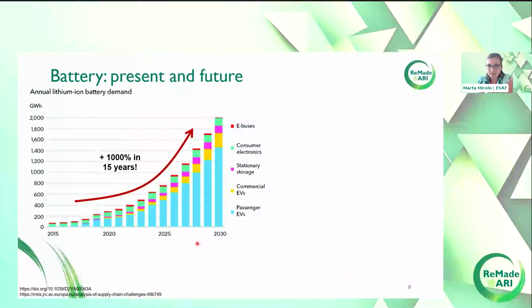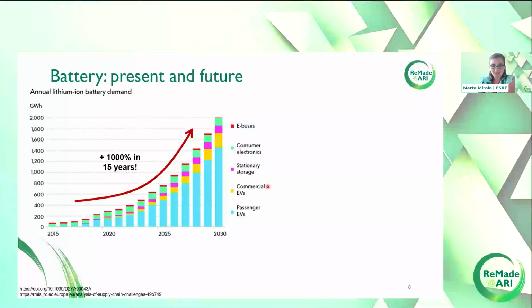And it's not only because of electric vehicles, because we want to reduce the local pollution, but we also see an increase due to stationary storage. So the idea is to couple batteries to renewable energy sources. We have our solar panel, we have our renewable energy source, we couple it to a battery so that we can store the energy and use it, for example, during the night when we don't have sun.